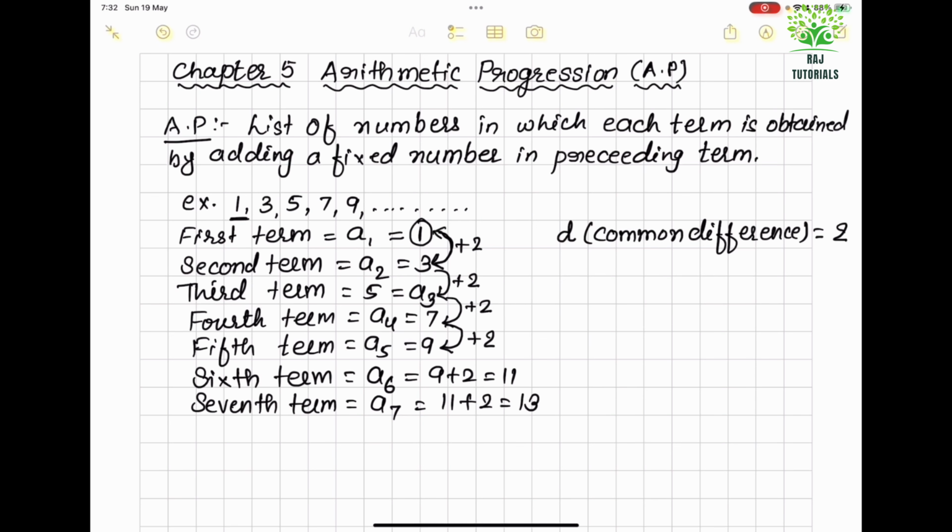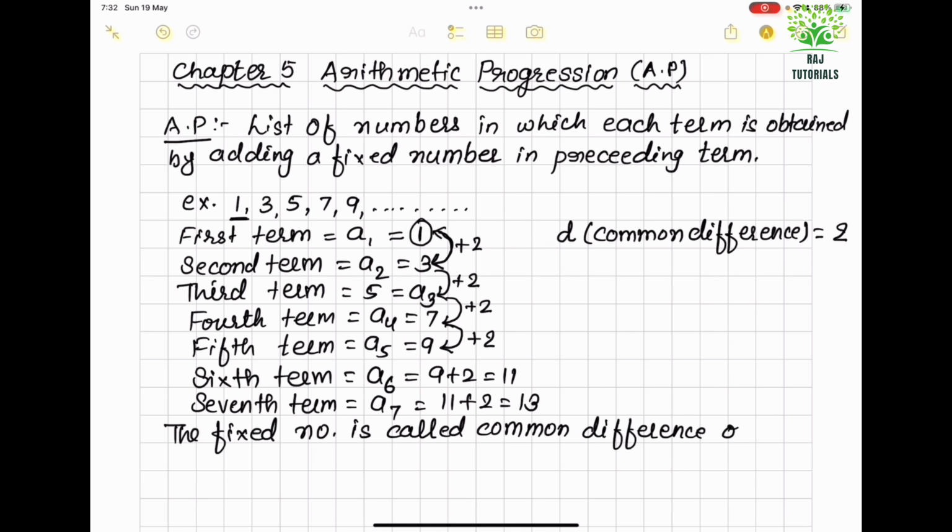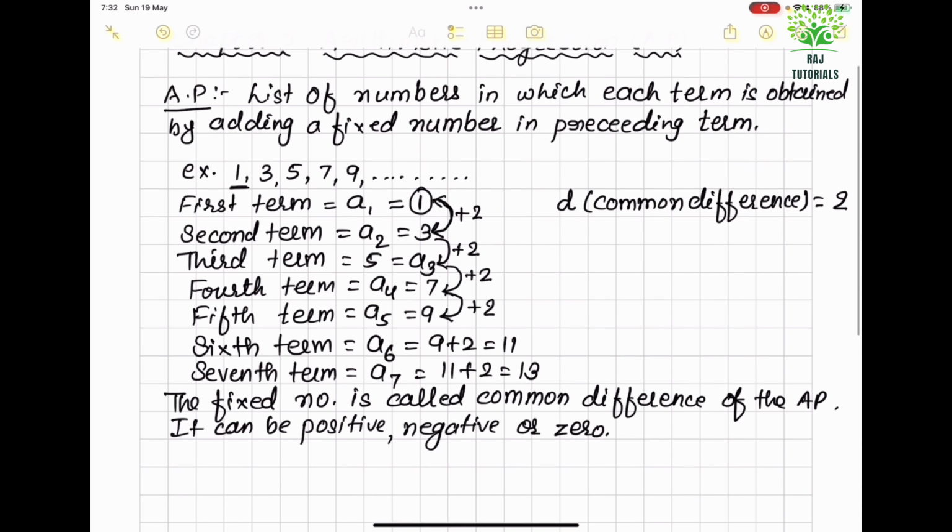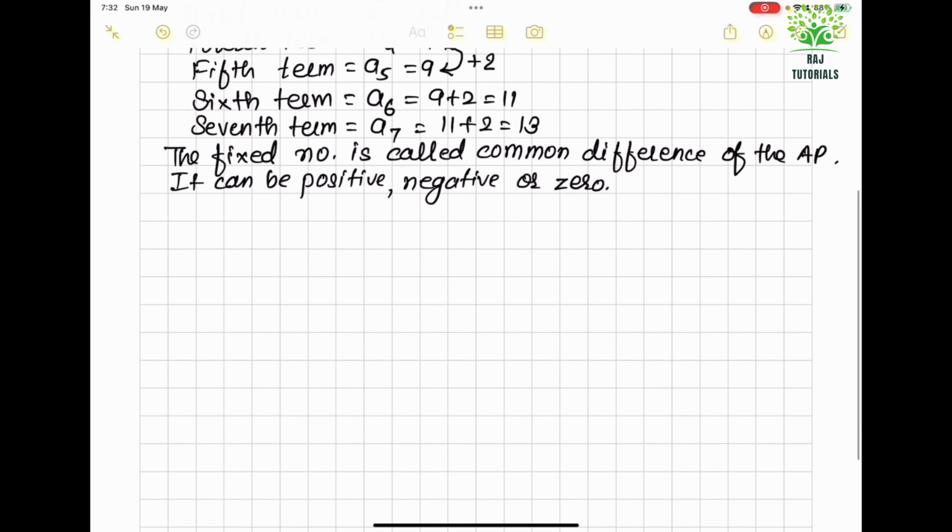So the fixed number is called the common difference of the AP. It can be positive, negative, or 0. Now this is the main thing in the AP.